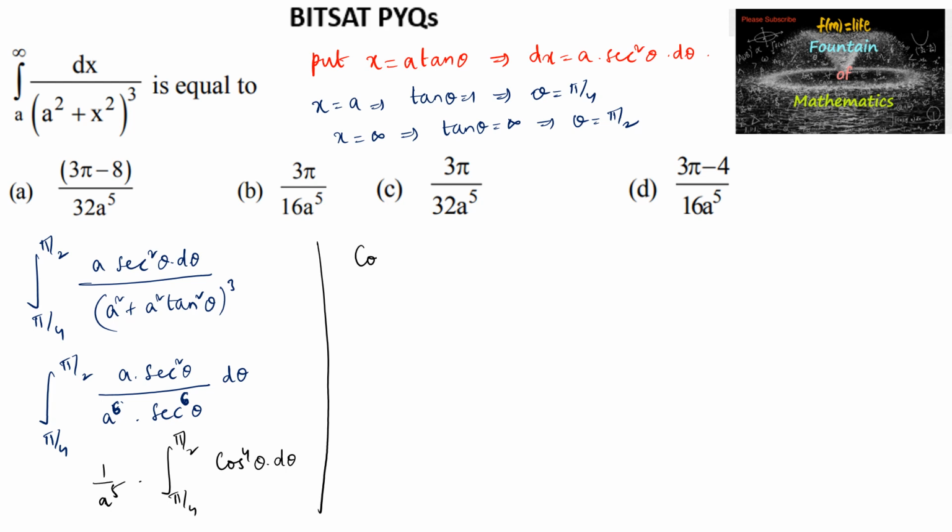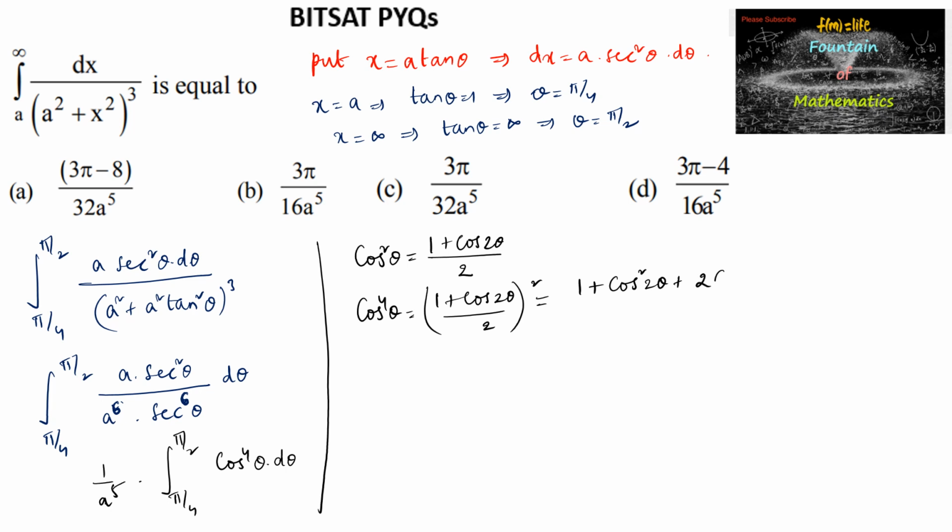And we know that cos square theta is equal to (1 plus cos 2 theta) upon 2, or cos power 4 theta is equal to ((1 plus cos 2 theta) upon 2) whole square, that is (1 plus cos square 2 theta plus 2 times cos 2 theta) divided by 4.